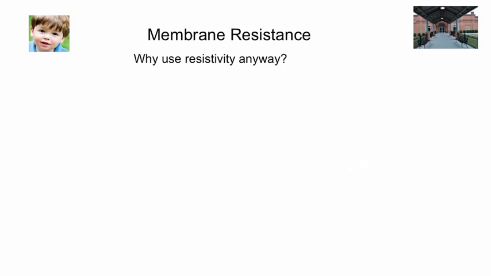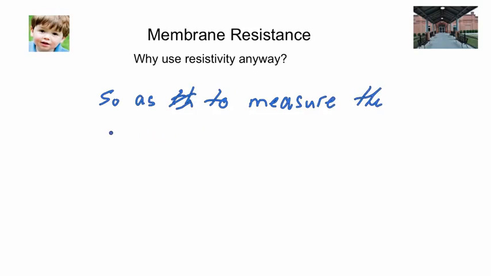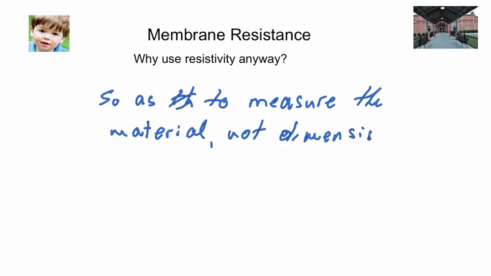It's so as to have a number for the material. Measure the material, but not dimensions for that material. Keep those two things separate.